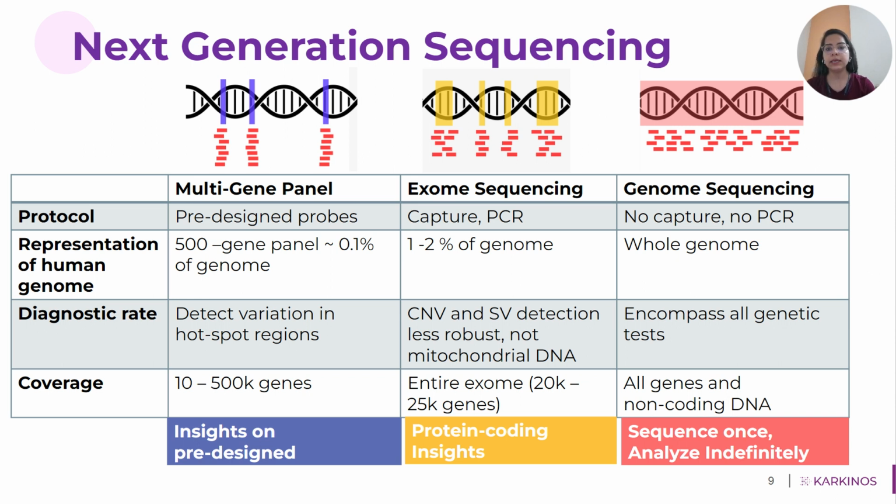Whole genome sequencing can almost detect all kinds of genomic variants and does not require a pre-capture step, whereas the targeted approaches, whole exome sequencing and targeted panels, require a pre-capture step to amplify the genomic areas of interest, and they usually cover around 1 to 2% or 0.1% of the genome respectively.